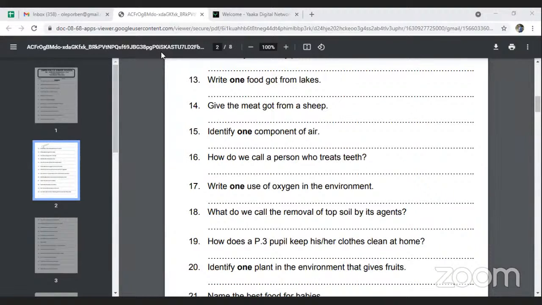Asante, another one? The pawpaw tree is correct. Asante? Orange tree, correct. Shemaya? Guava tree. The guava tree, correct.